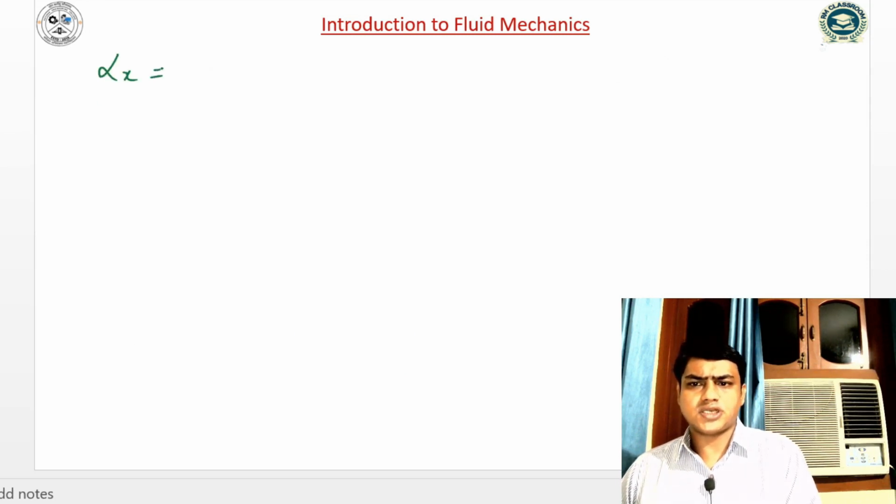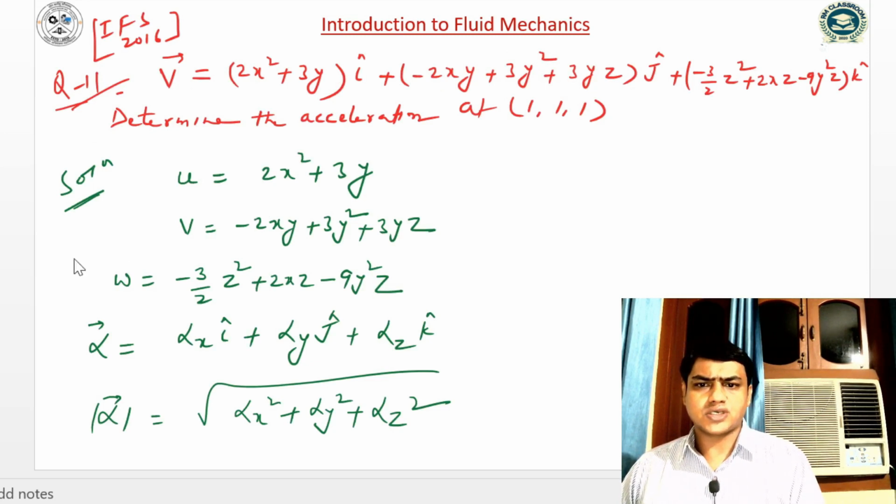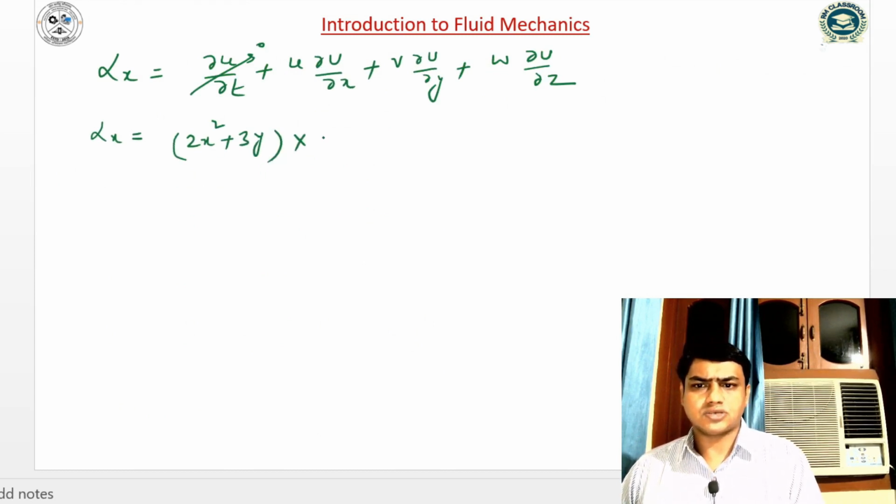Acceleration in x direction is del u by del t plus u into del u by del x plus v into del u by del y plus w into del u by del z. So this term is cancelled. So alpha x is equal to u. What is u? So u is 2x square plus 3y, into del u by del x, so it will be 4x, plus v.